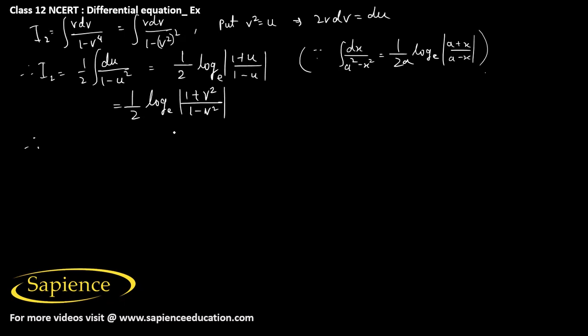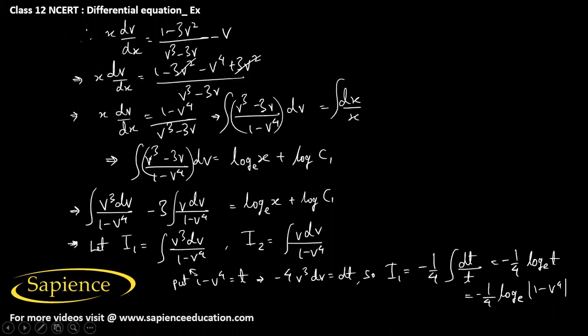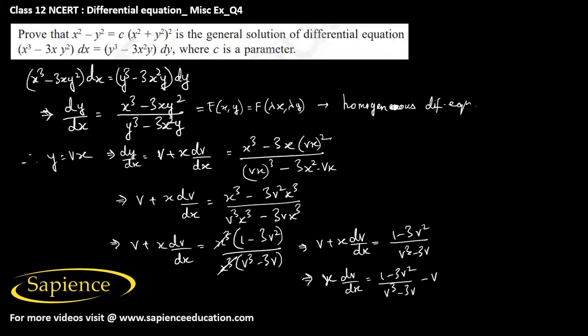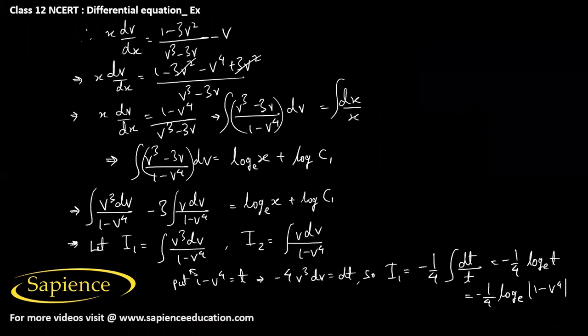So now, here we can see that this will be I1 minus 3I2, that is equal to log x plus log c1.